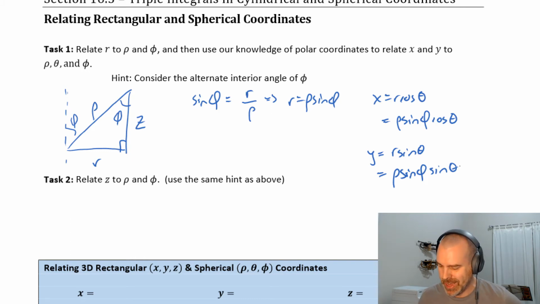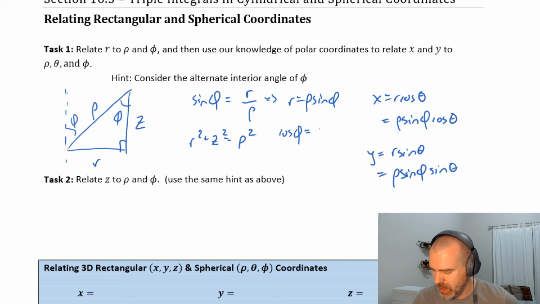And then I guess we could do the z a variety of ways. We know that r squared plus z squared is definitely equal to rho squared. I need to get z from phi and rho and theta. Let's see, z will be cosine.